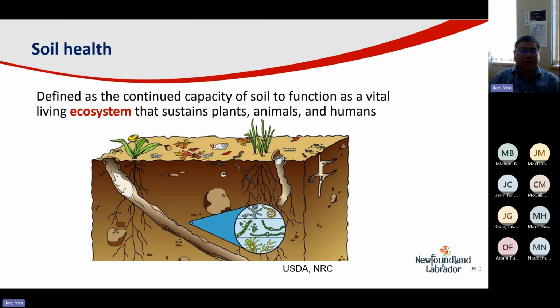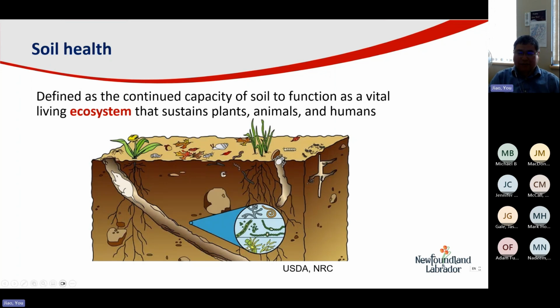In the soil ecosystem, most of the time we cannot see it with our naked eyes, but when we open the soil profile, there are the large chunks, the roots, like the dead roots, the bigger ones, or the root system, and also a lot of living organisms, the microbes.